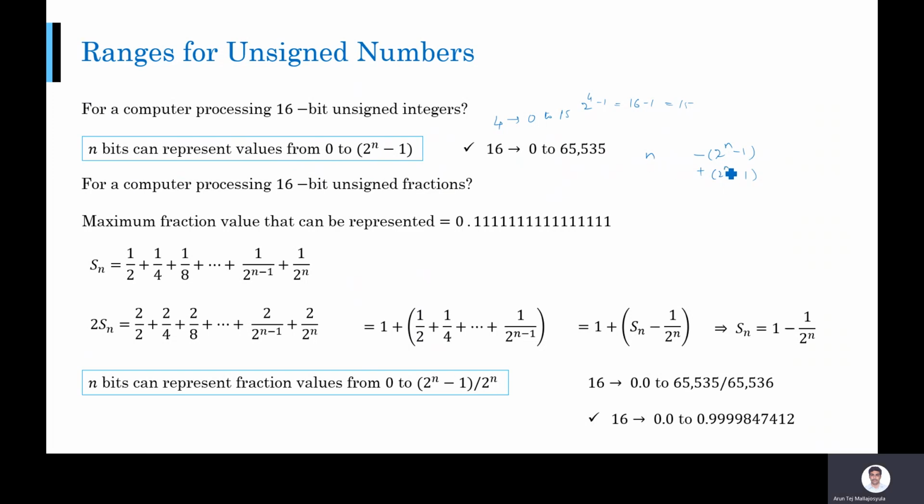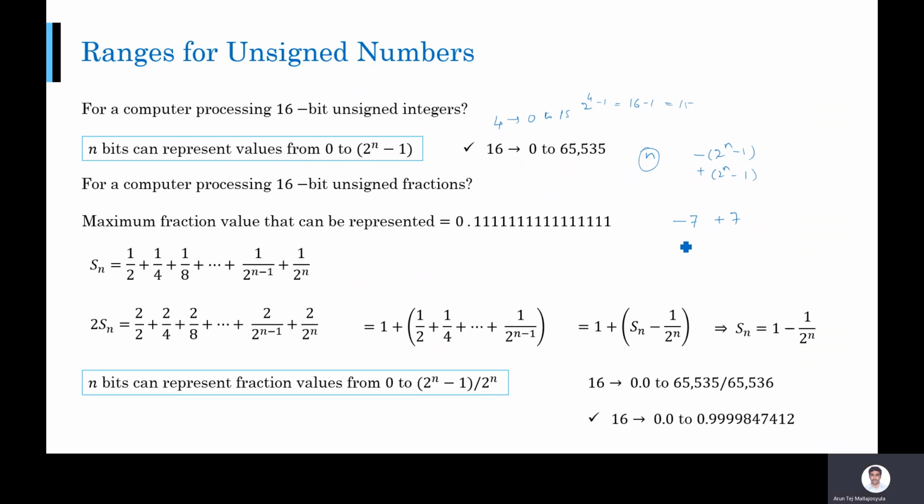For negative numbers, it will be minus 2 to the power of n minus 1. But when you represent both negative and positive numbers with only n bits, how do you differentiate between two values with the same magnitude? For example, how do I differentiate between minus 7 and plus 7?